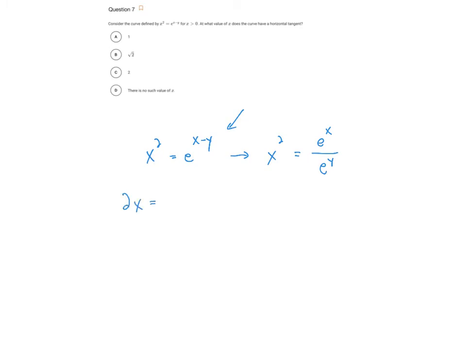Okay, so derivative of an exponential, we'll take the derivative of the exponent. So derivative of x is 1, derivative of y is y prime, and then just times that by the exact same thing, just rewritten. Okay, and then we want to solve for y prime, so we'll divide by this.